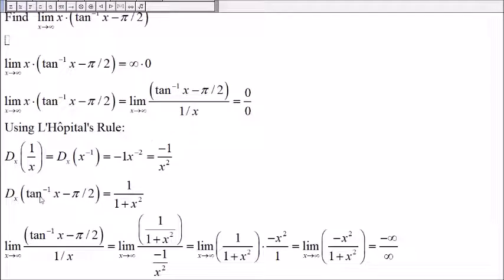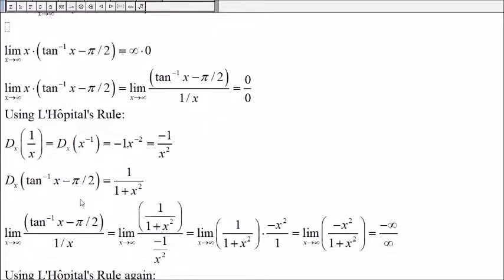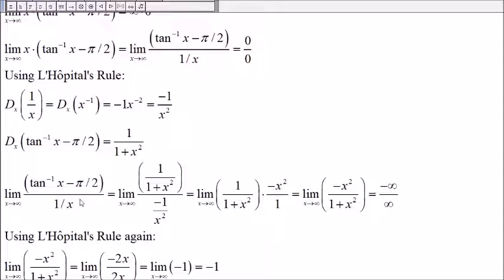Derivative of tangent inverse of x is 1 over 1 plus x squared. Pi over 2 is a constant, so the derivative is 0. And so now the derivative of the numerator will be 1 over 1 plus x squared.